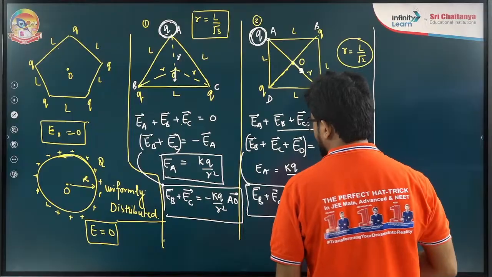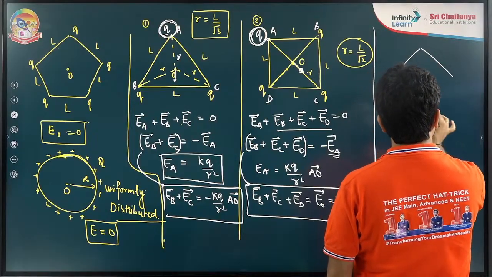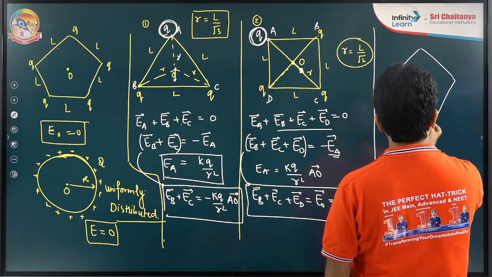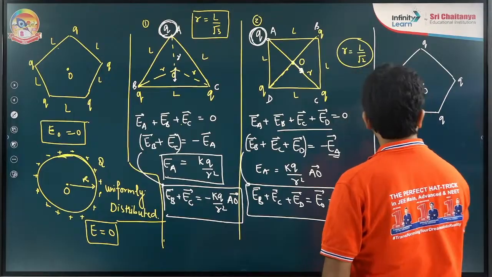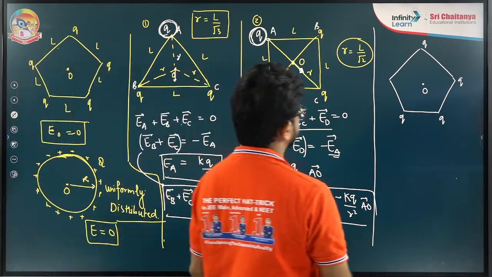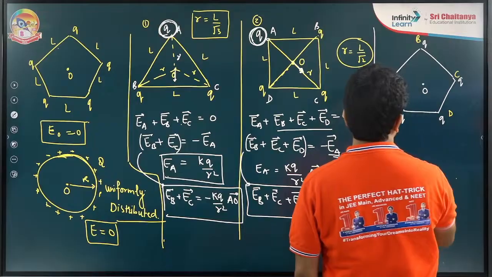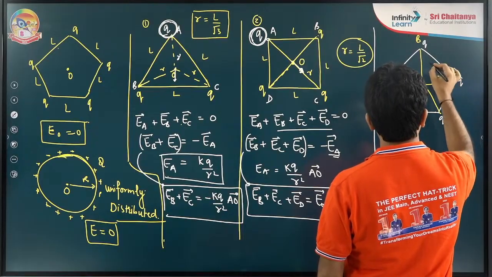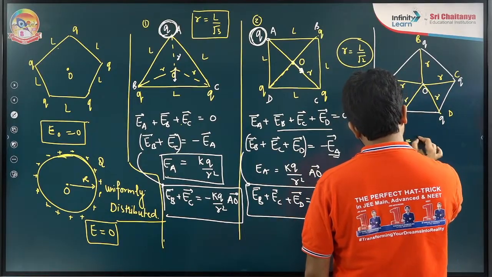Now I am asking a very basic question, you will answer it. Tell me, beta, field at O. There should be no mistake now.